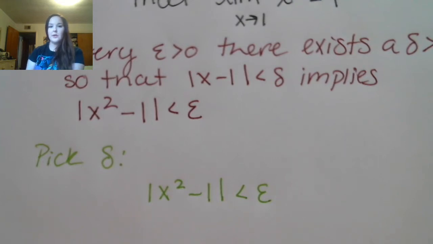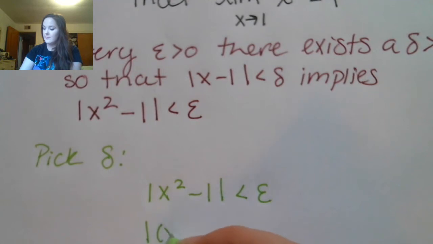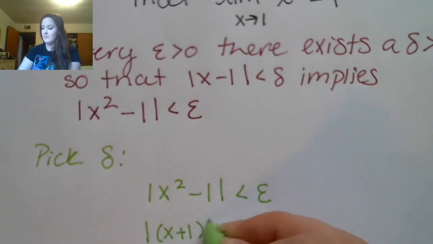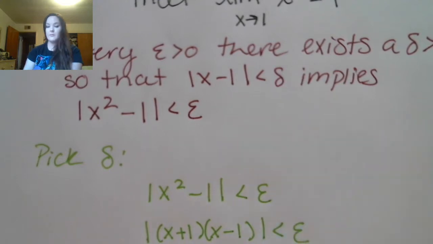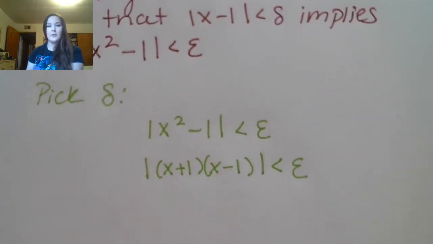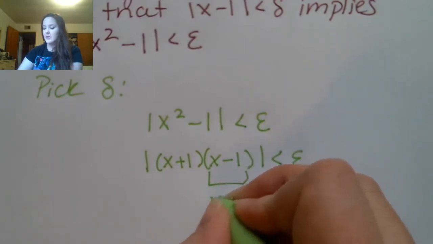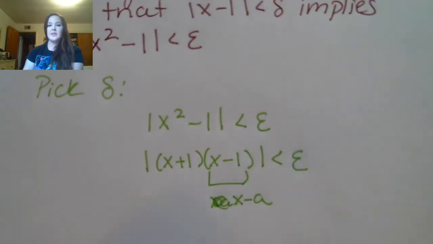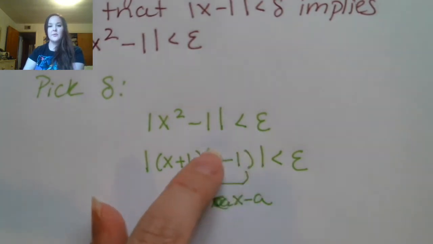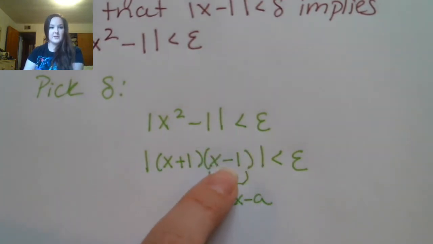Okay, so what we're going to do first is go ahead and factor this. Now part of this is good, and that's here we have this x minus a term, and we know that that's going to be less than delta, so we really can force the value of this to be small.